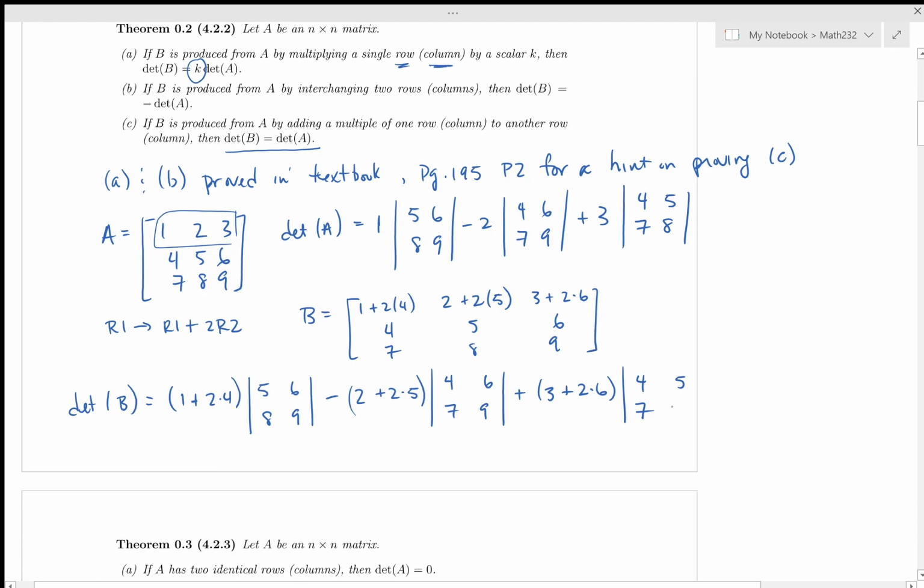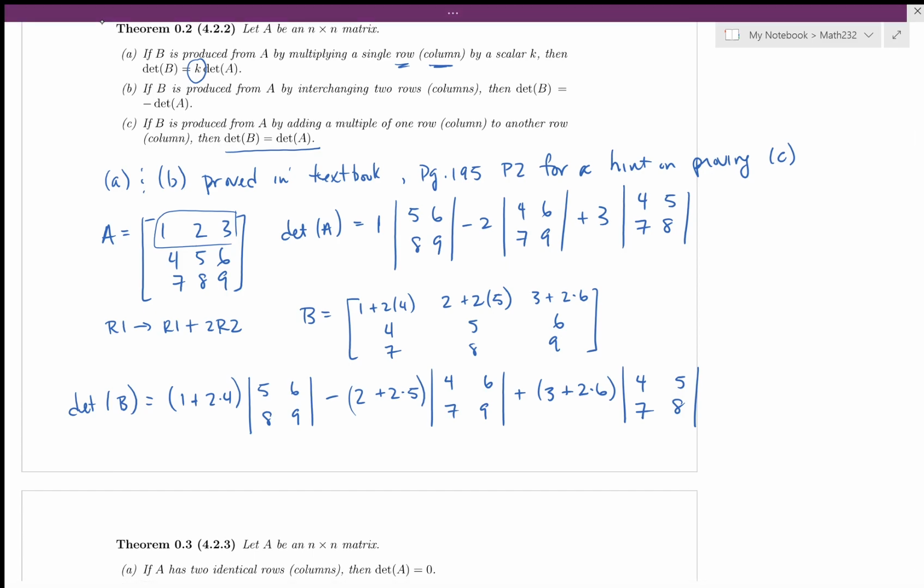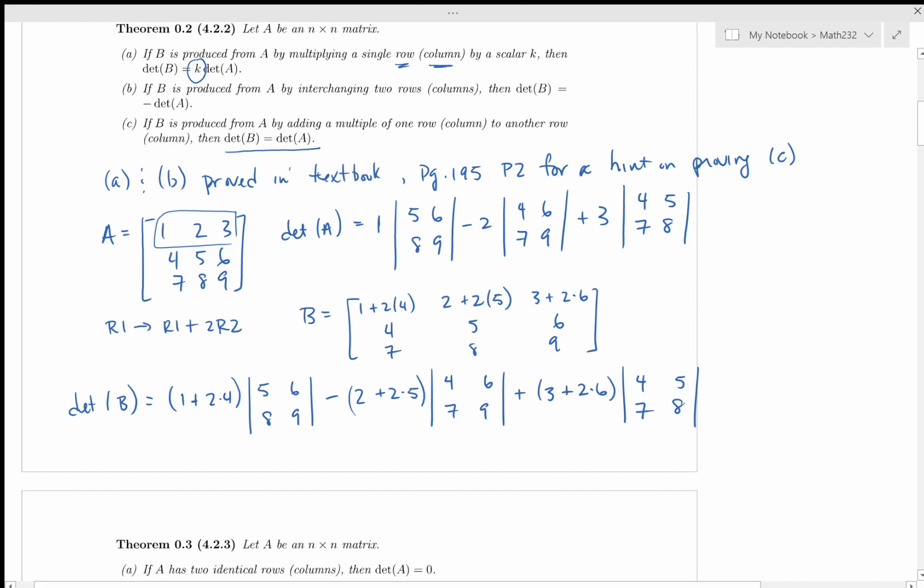Our claim is that determinant A is equal to determinant B. The first thing I notice is that I have the determinant of A sitting right here: this guy times this, minus this guy times this, plus this guy times this. That is exactly this.